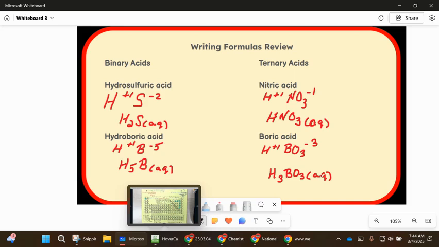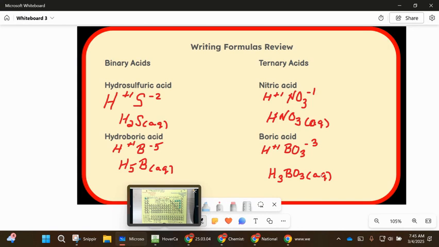Big difference between hydroboric and boric acid, correct? Hydroboric, H5B. Boric, H3BO3. Ternary acids are named based on their polyatomic.